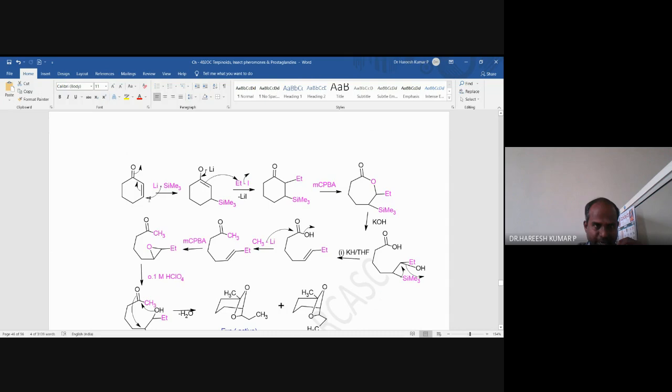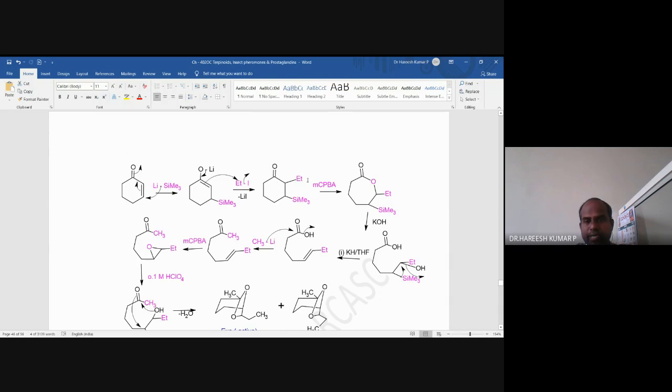This bond pair attacks this carbon, so it's a 1,4 addition. Then this bond pair comes over here and this bond pair picks up this lithium. That is how the intermediate is obtained. Then this bond pair can react with an electrophile. What is the electrophile here? Ethyl iodide is the electrophile, and this is the product obtained.